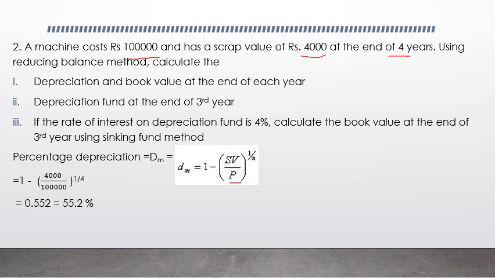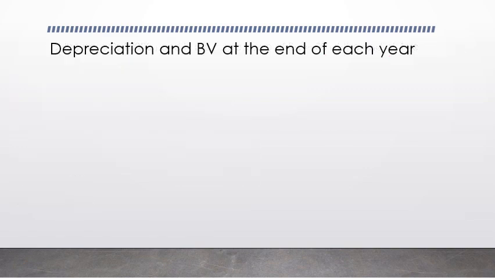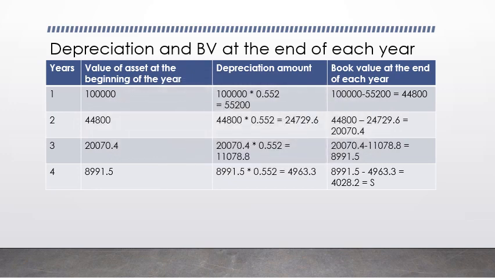Now, every year the value of the asset goes on reducing by 55.2%. Next, we will calculate the depreciation and book value at the end of each year. The value of the asset at the beginning of the first year is 1 lakh rupees. So the depreciation amount during the first year is 55.2% of 1 lakh rupees, which is 55,200.